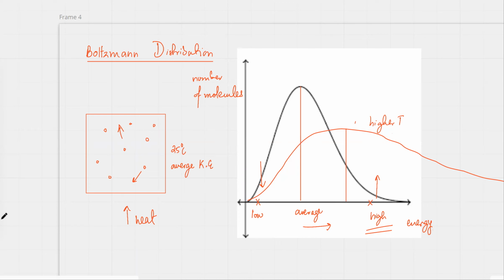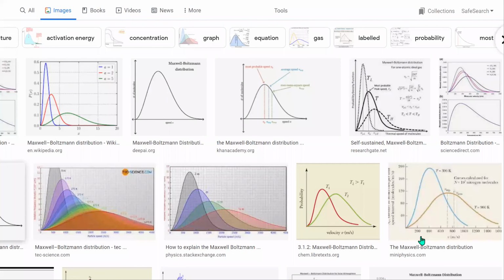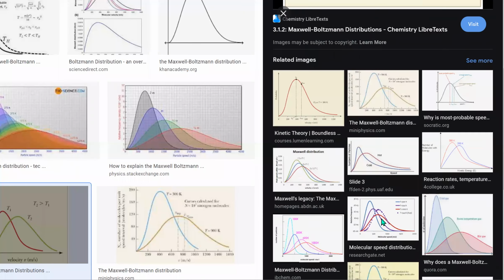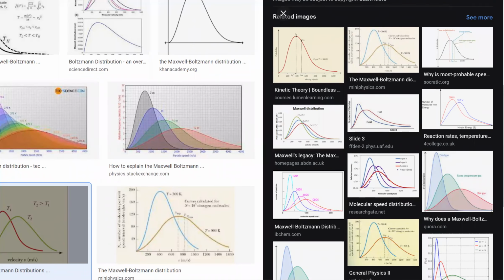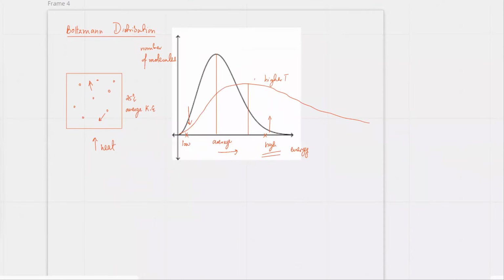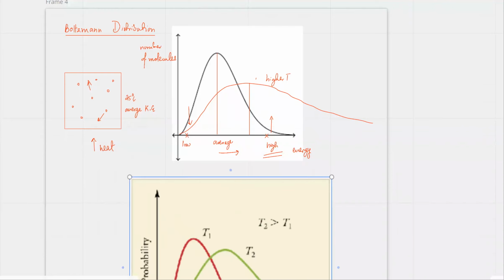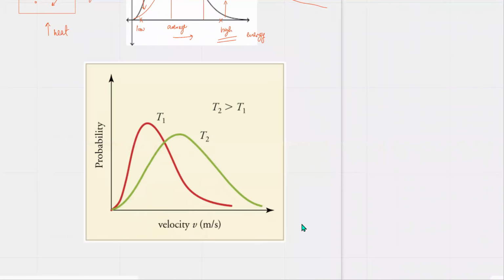Maybe I should copy one diagram, just a second. This one kind of sums it up. The curve would start shifting. It would start rising from this side, dropping from this side.